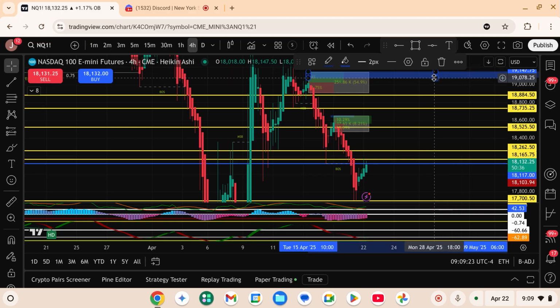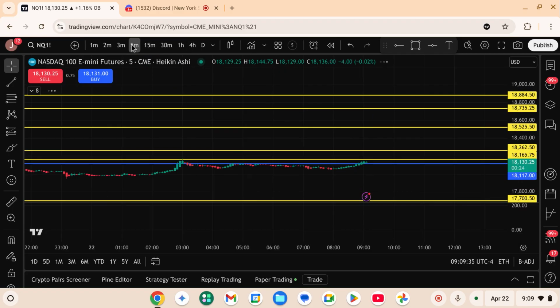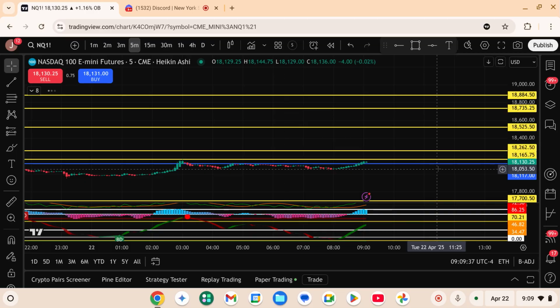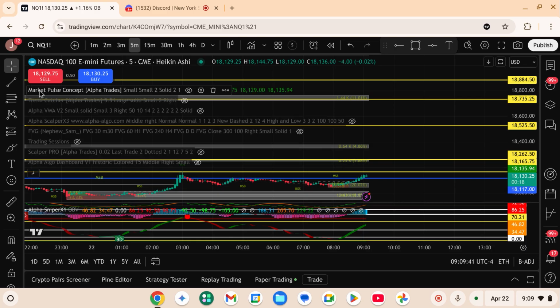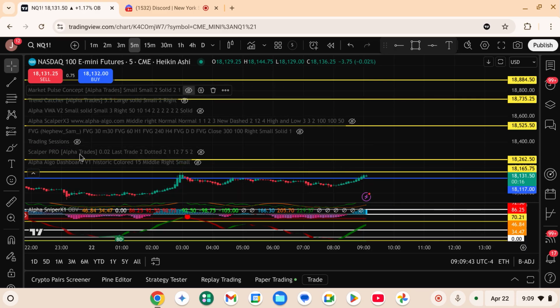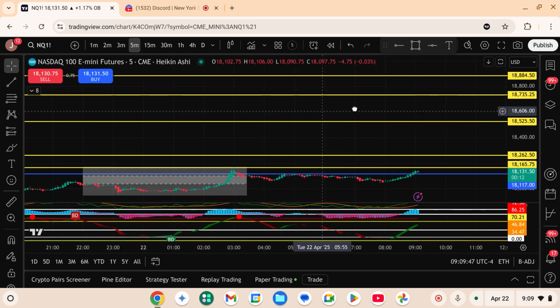We might end up using those, but I don't know because I'm starting fresh. So I want to have a clear, fresh set of eyes for today's price action. So I have to get rid of some of these levels I didn't get rid of previously. So let me go back and see which ones we're actually using and not using.